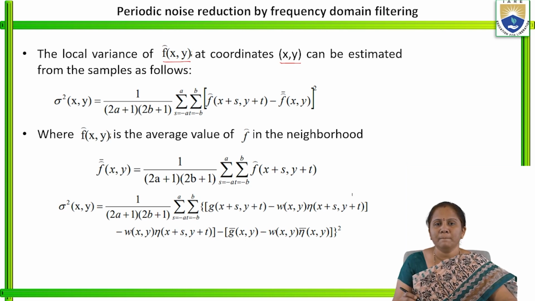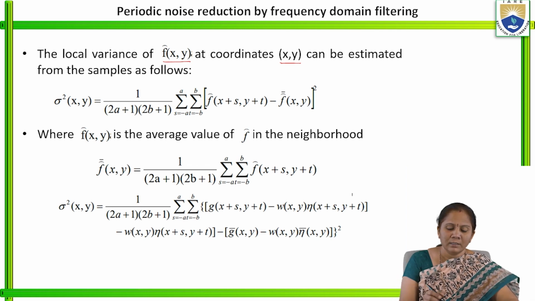so as we have seen, in order to estimate that interference here, the variance needs to be calculated. So here sigma square (x,y) is the variance at the point x,y. Sigma square(x,y) is equal to 1 by (2a plus 1) into (2b plus 1), sigma s equals minus a to a, sigma t equals minus b to b, into f cap of (x plus s, y plus t).